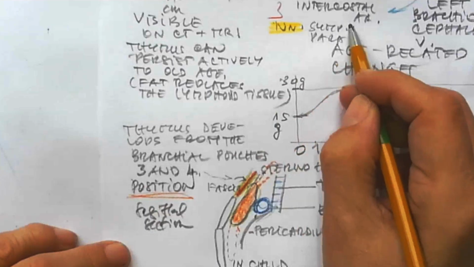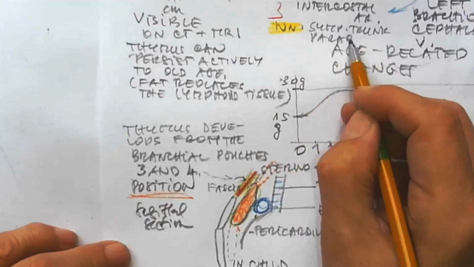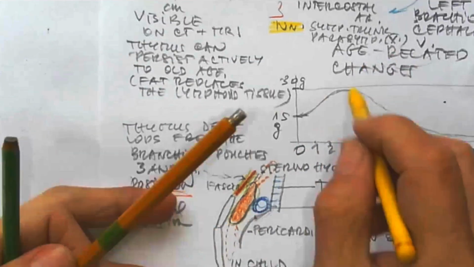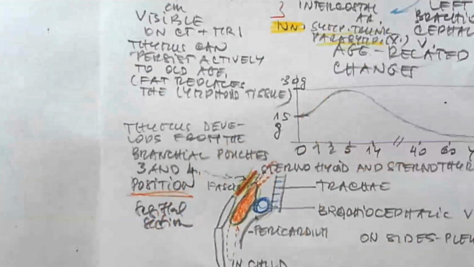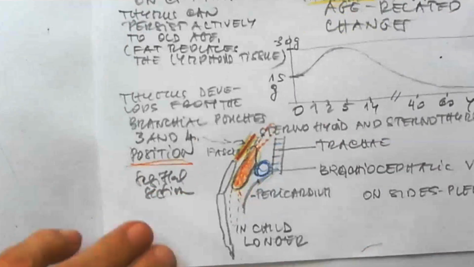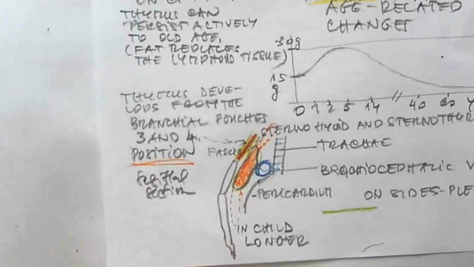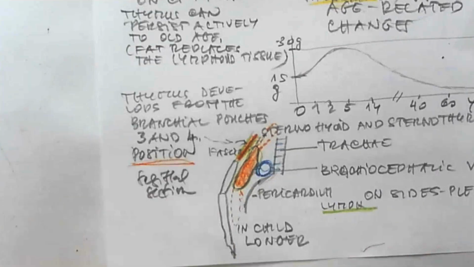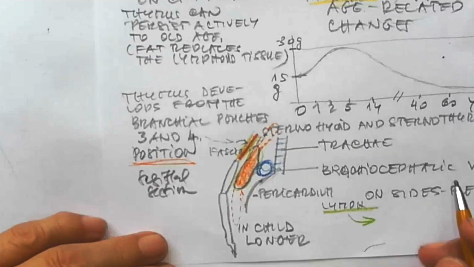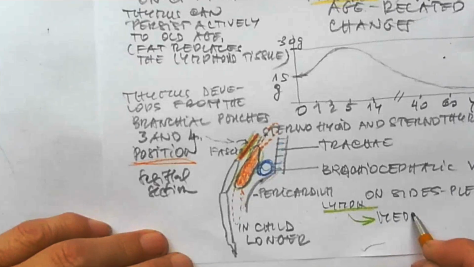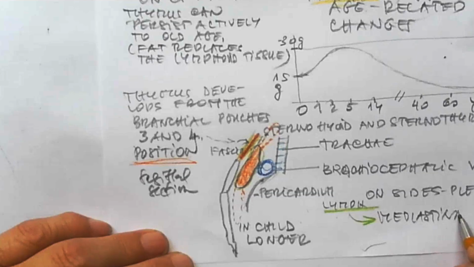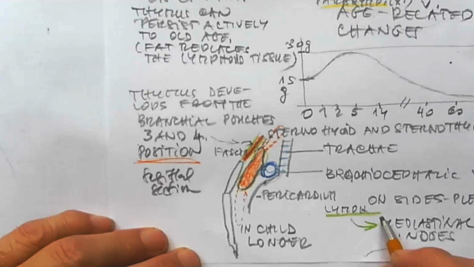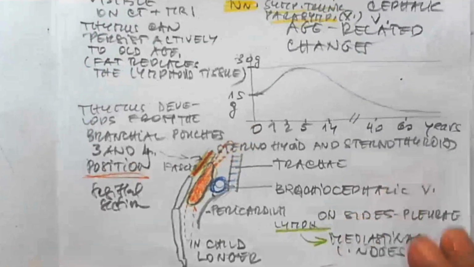Easy. Sympathetic trunk and parasympathetic vagus nerve. Underlining both because this is easy to remember. And lymphatics: lymph is drained mainly, there are more groups, into some groups of mediastinal lymph nodes. So we know exactly everything about the thymus.